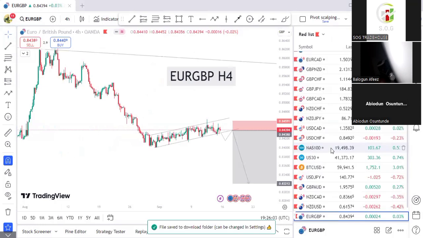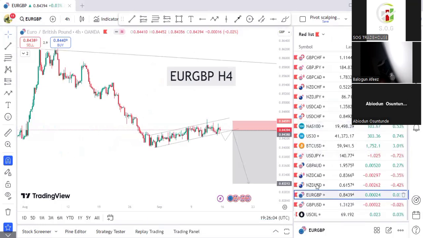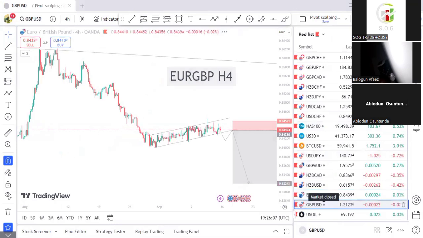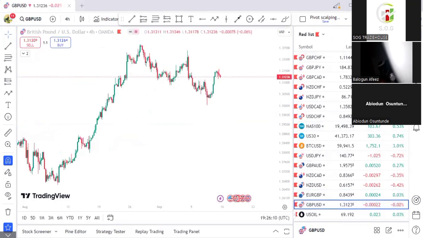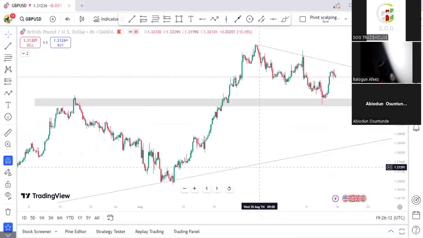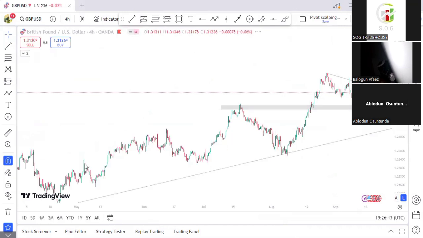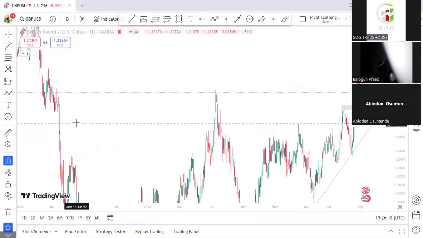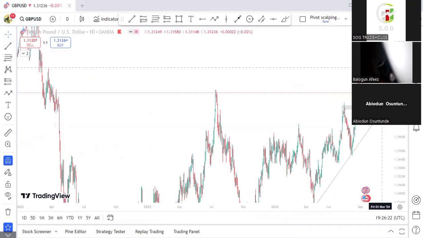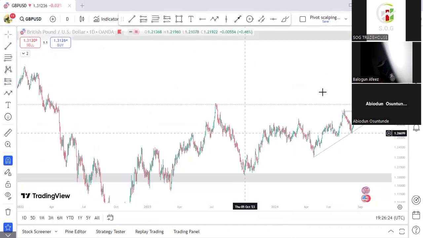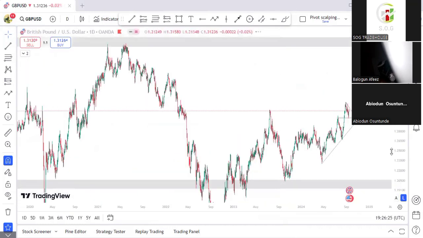So the last pair on my list is GBPUSD. If you know about currency correlation, you know GBPUSD, NZDUSD, AUDUSD, EURUSD, they all move together.